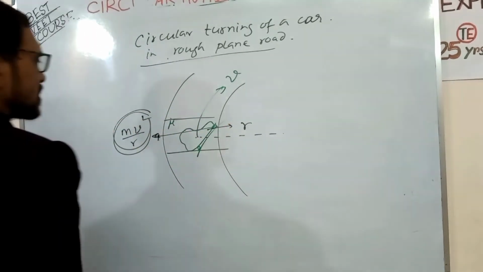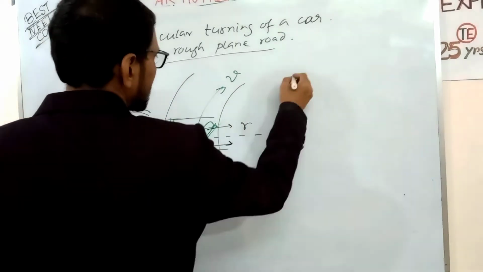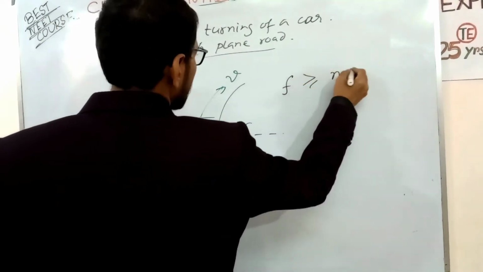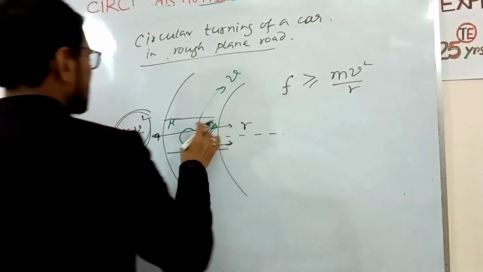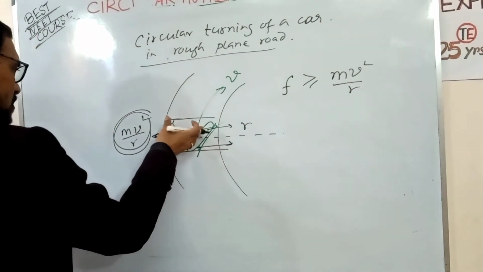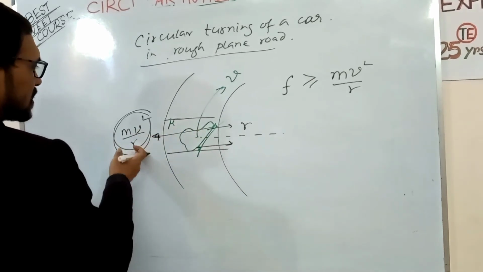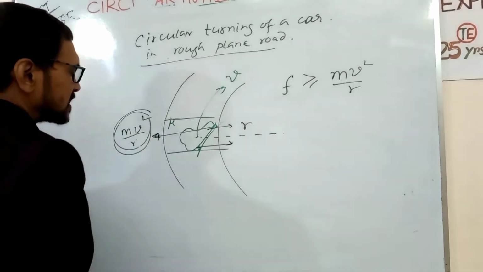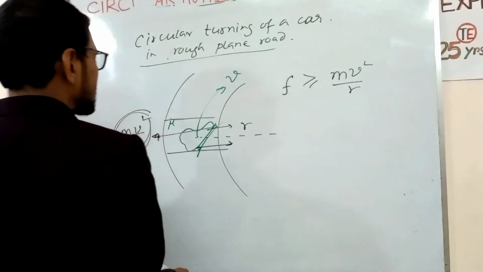So friction should be greater than or equal to mv square by r. If friction is greater than this, then the car cannot move outward, so it can turn safely.